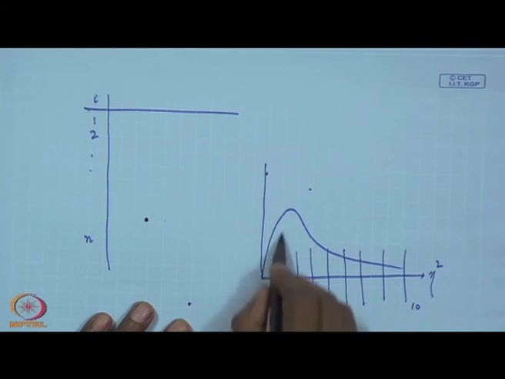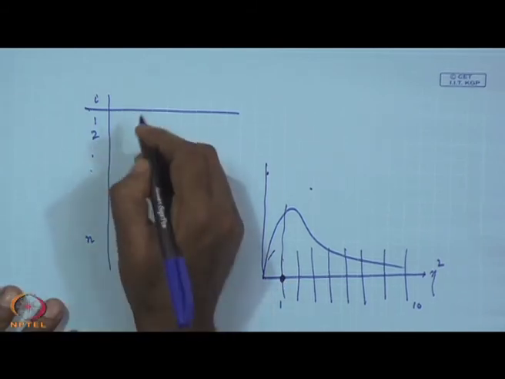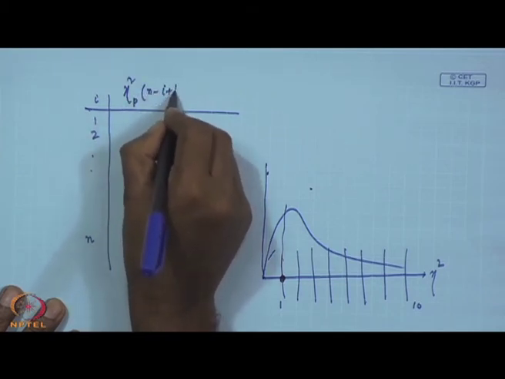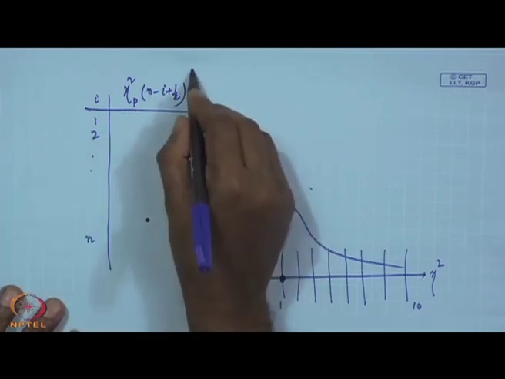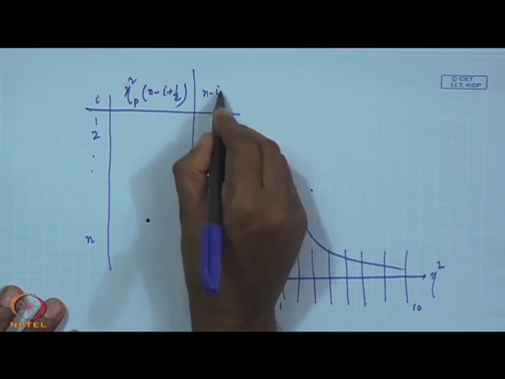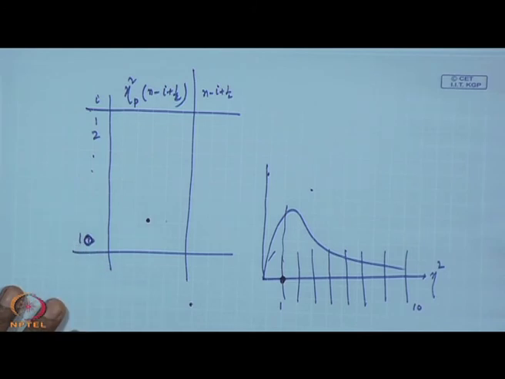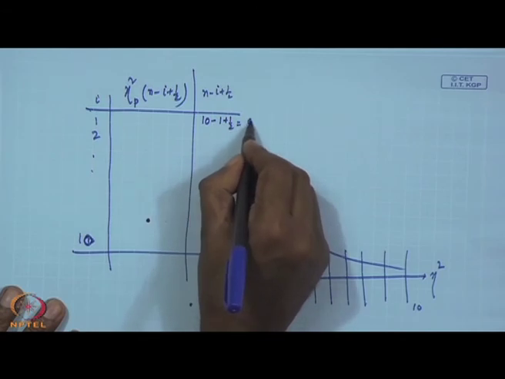First you find the probability value on the right hand side, because we will be using the table. Then for that probability value you find the chi-square value. That is why you write chi-square p at n minus i plus half. If I want to do a little more manipulation here, what is n minus i plus half? n is 10, we have taken 10 data points. So, this is 10 minus 1 plus half, which is 9.5.